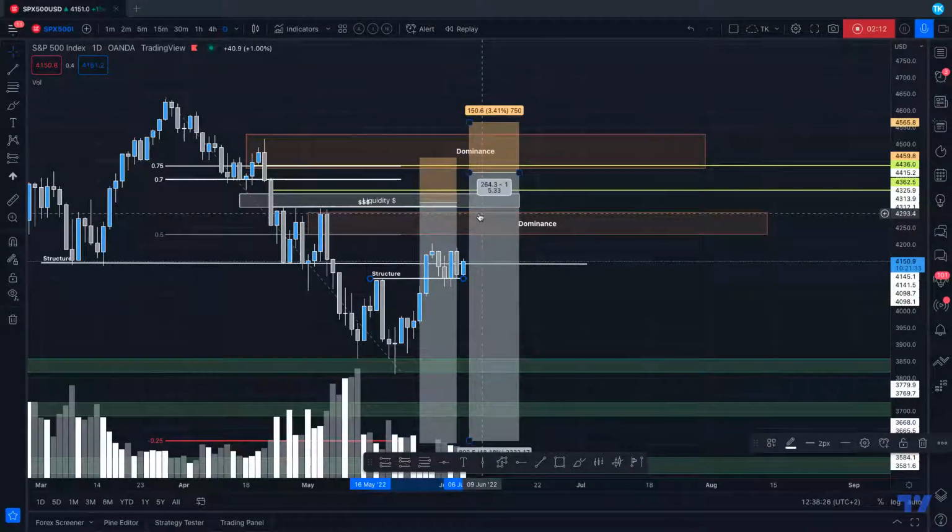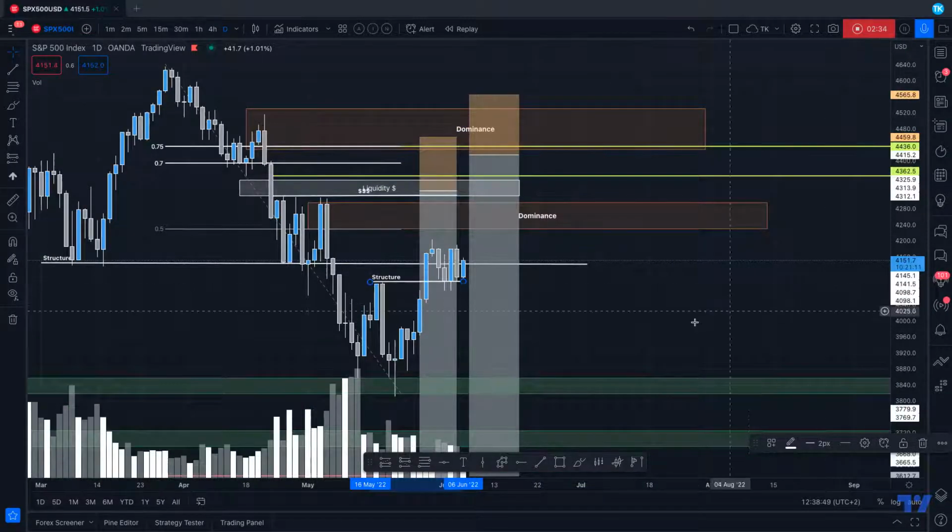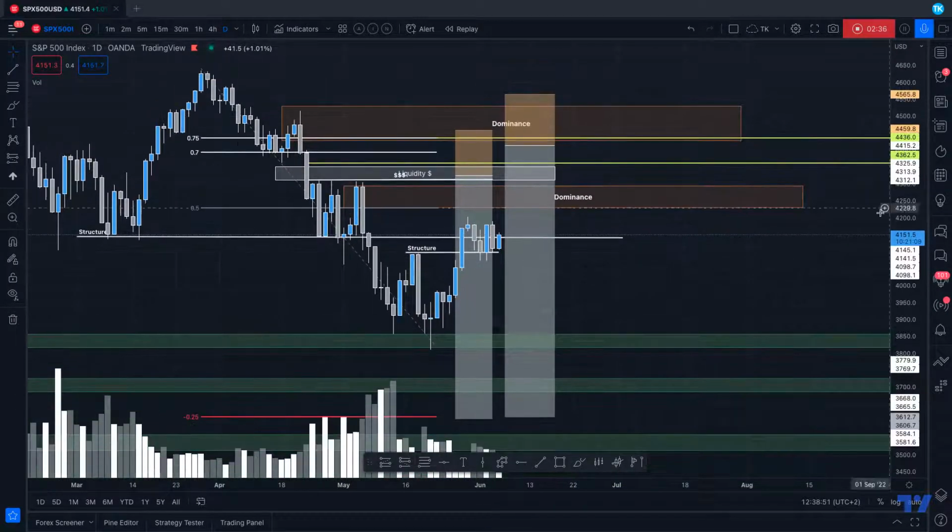So it doesn't mean that for a middle term trade we probably are on a bullish overview. And above all, for today and probably this week, we are bullish for the intraday strategies and for intraday trades.